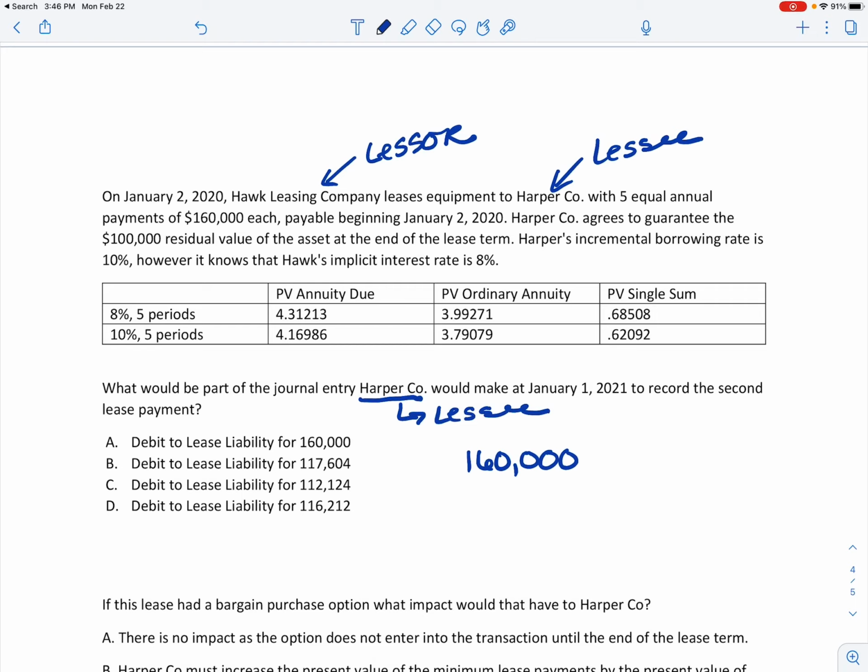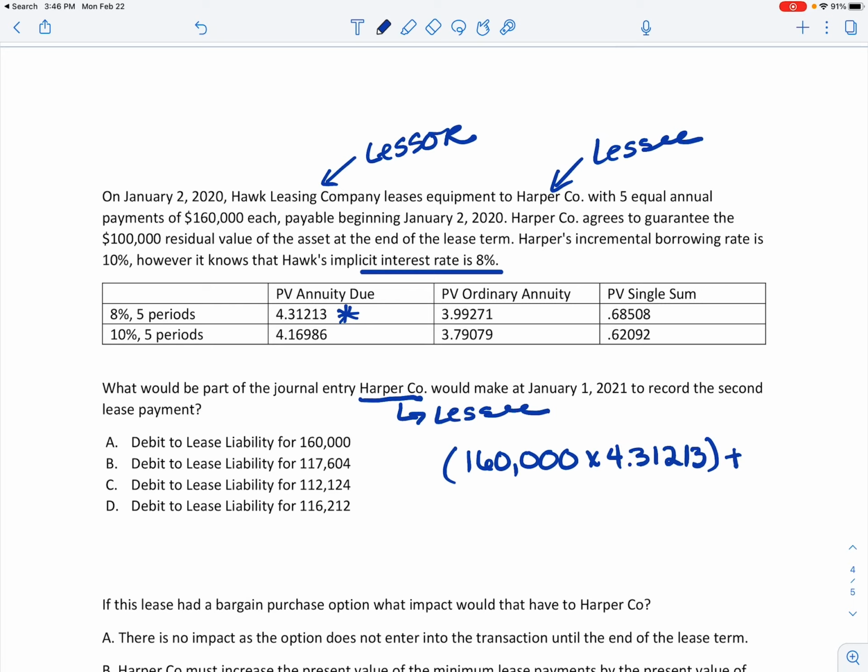Because Hawk's rate is 8%, we're going to use that 8% interest rate and find the factor that goes with it. This is an annuity due because we're going to get this multiple times. So we're going to multiply this by 4.31213.